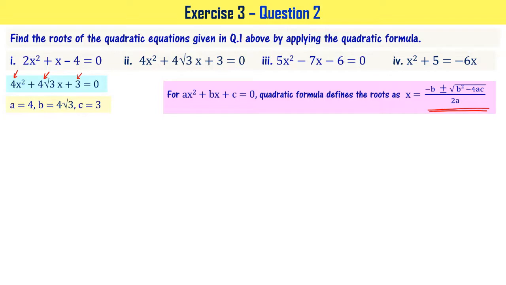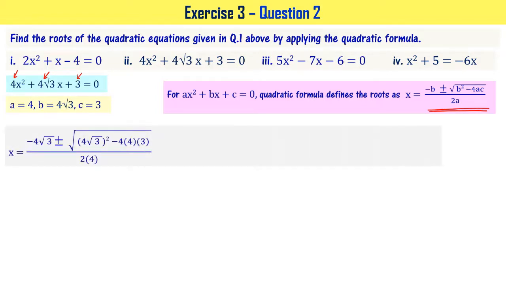This is going to be a, this is going to be b, and this is going to be c, right? A equal to 4, b equal to 4 root 3, and c equal to 3. Let's substitute these values into the quadratic formula such that I can write it as x equal to minus 4 root 3 plus or minus square root of b square minus 4ac divided by 2a, right? When you simplify this, I have kept minus 4 root 3 as is, plus or minus, this is 4 root 3 whole square, right?